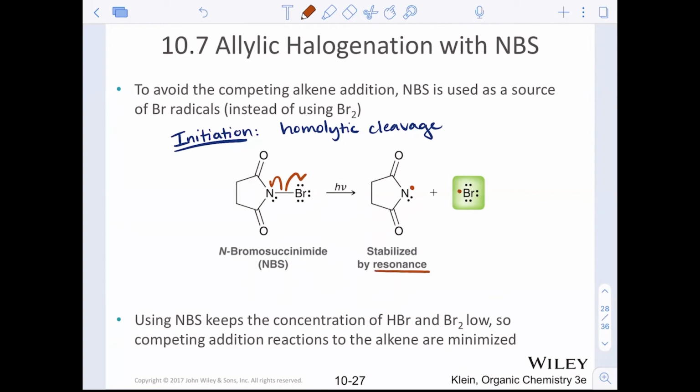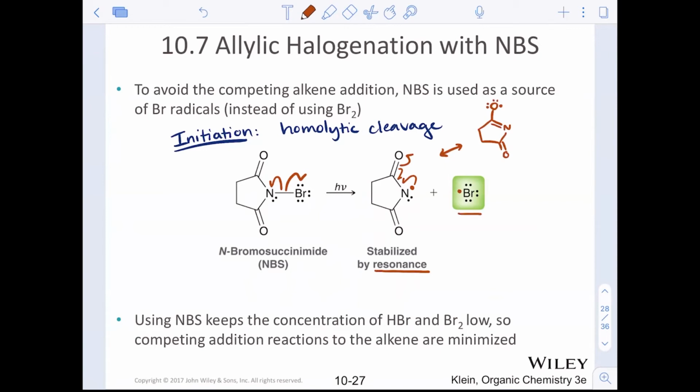Why? There's resonance there. If we want to imagine what that resonance looks like, one of the pi bonds from the carbonyl can do resonance with that nitrogen radical. Showing this resonance just for our own purposes to be able to see how stable that nitrogen is.